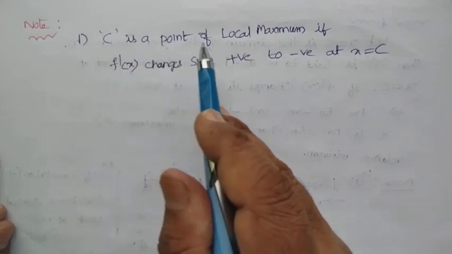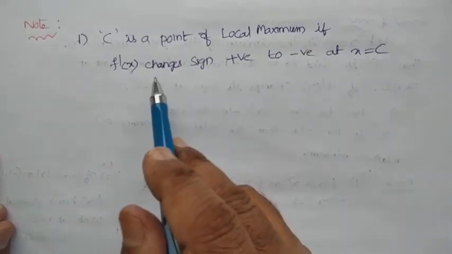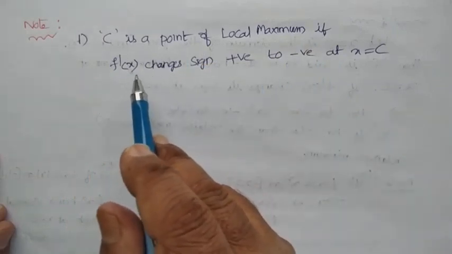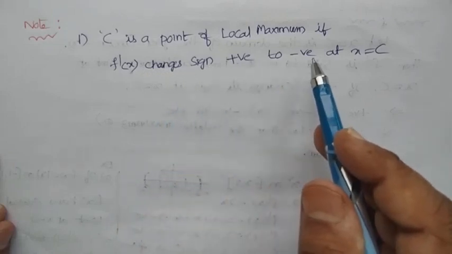C is a point of local maximum if f dash of x, that is the first derivative, changes the sign from positive to negative at x is equal to c.